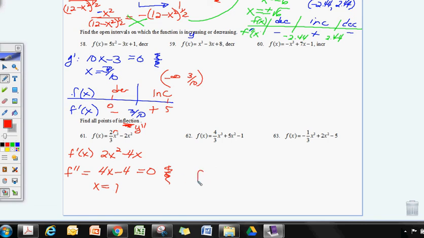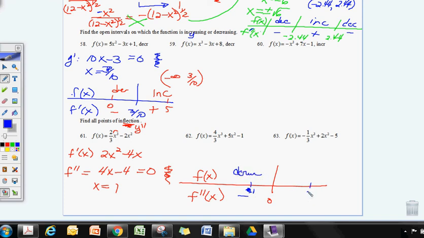So now in my function of f of x compared to f double prime of x, I put 1 in the middle. I test any point that I'd like. I'm going to test 0. I'm going to test negative 1. When I put negative 1 in here, my answer is negative, so this would be concave down. It's going to look like a clown.